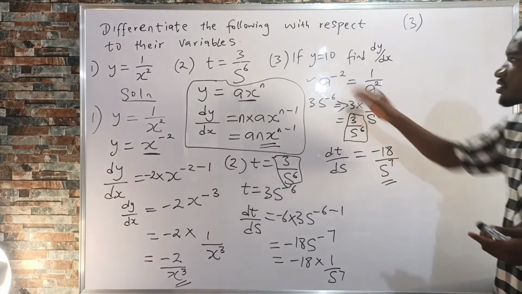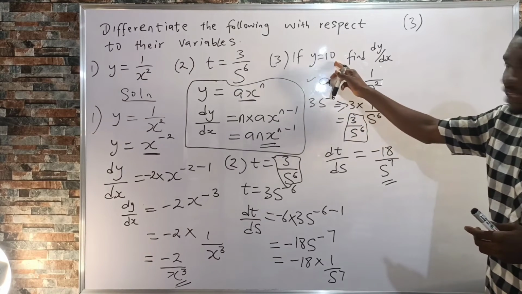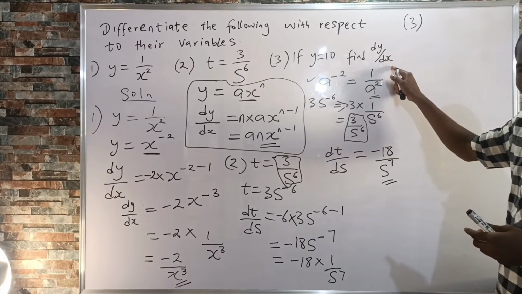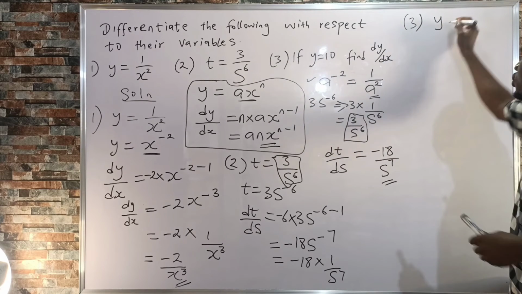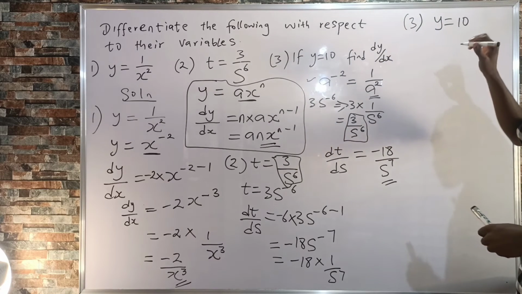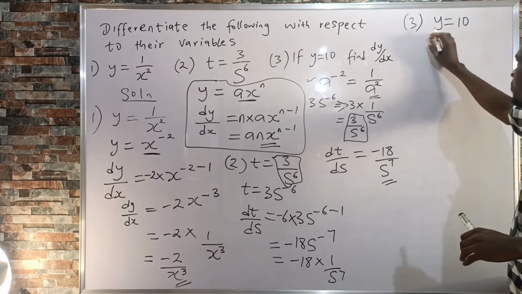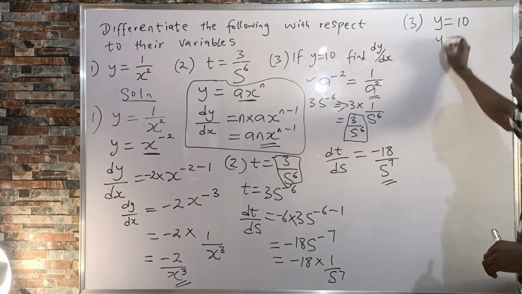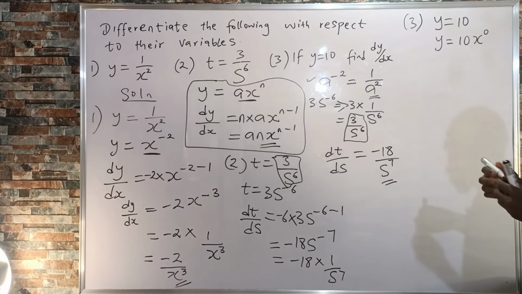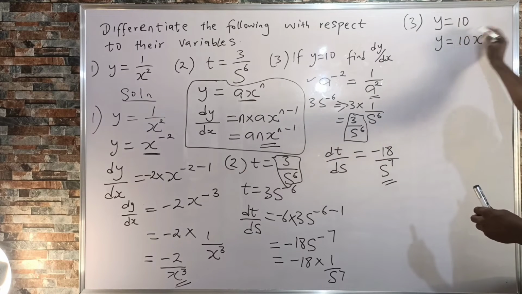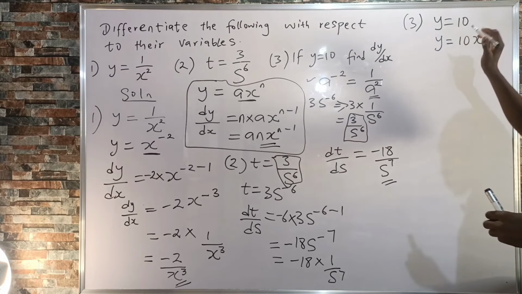The question says, if y is equal to 10, we should find dy/dx. It is very simple. First thing first, let's put down the question, y is equal to 10. Remember that we can still put this as y equal to 10x raised to the power of 0, because whatever we have here is the same thing as whatever we have here.